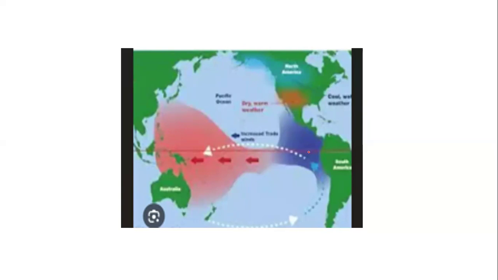Whereas at the same time, along the western equatorial Pacific, the temperature is high. High temperature gives rise to low pressure, right? High pressure along the east equatorial Pacific and low pressure along the west equatorial Pacific. This gives rise to southern oscillation.